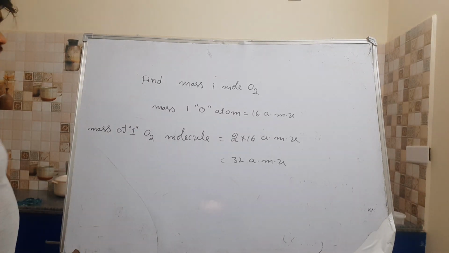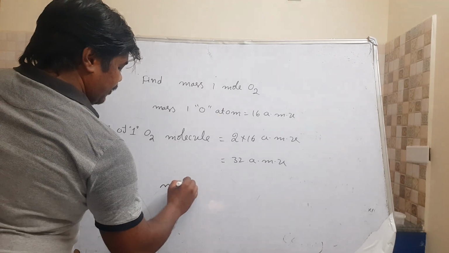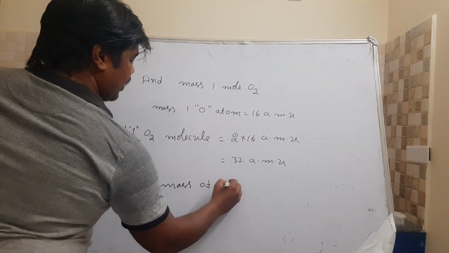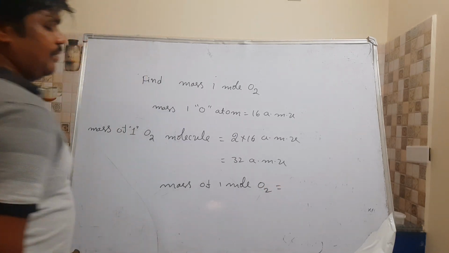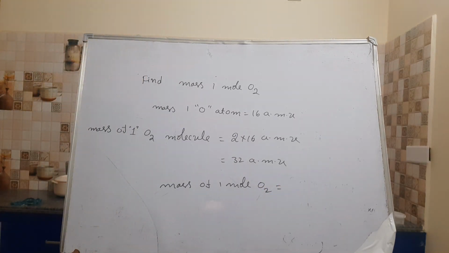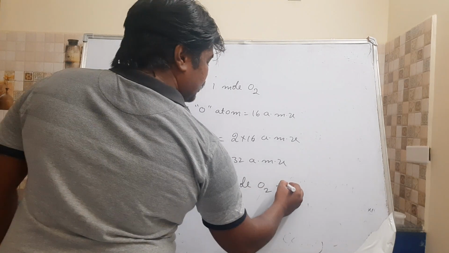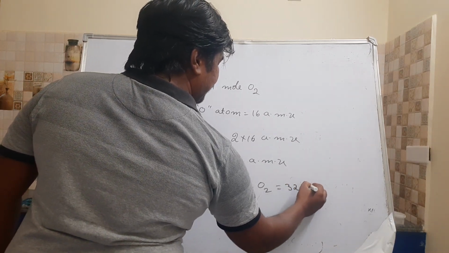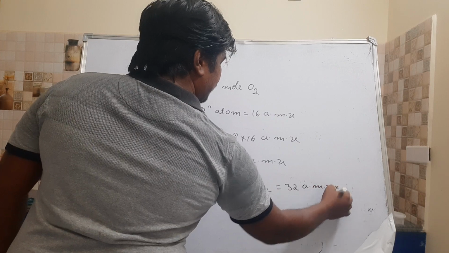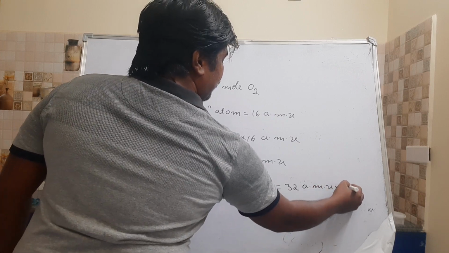Then the mass of 1 mole of oxygen molecules is equal to 1 molecule's mass, 32 AMU, into the Avogadro number, students.